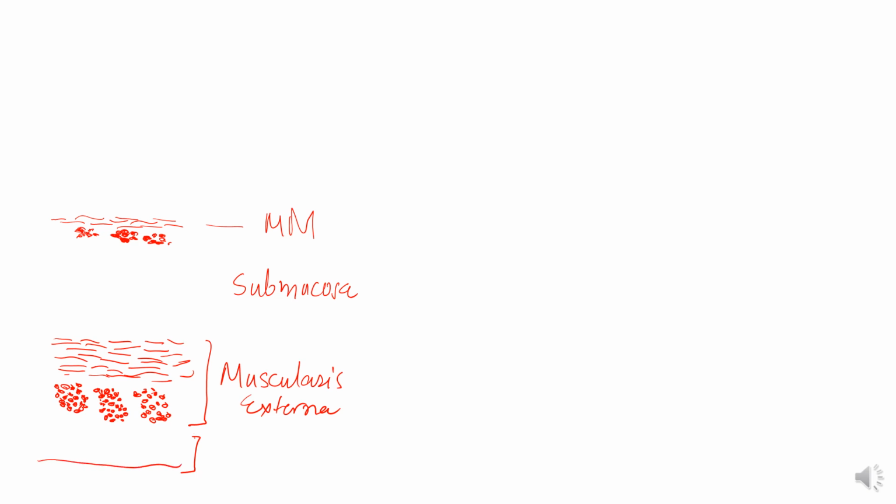Now this is the muscularis mucosae layer. Muscularis mucosae. This will be the submucosa, and this is the muscularis externa. And the next layer is the serosa or adventitia. So in case of serosa, just draw mesothelium, simple squamous epithelium, in the end. So in order to draw the nucleus, I will use the purple color.